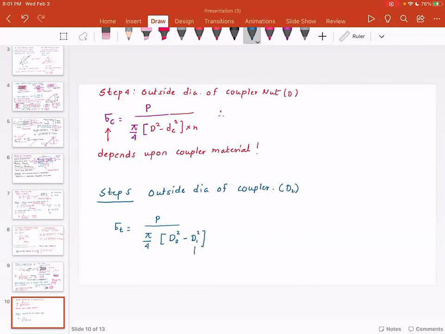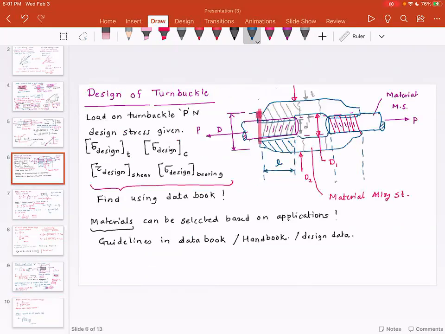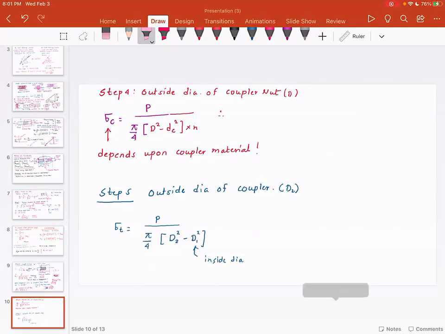Now D1 is the inside diameter, and this inside diameter is nothing but this guy, as you can see, this dimension. So this is usually taken as D O plus some clearance. So usually 5 to 6 millimeter.